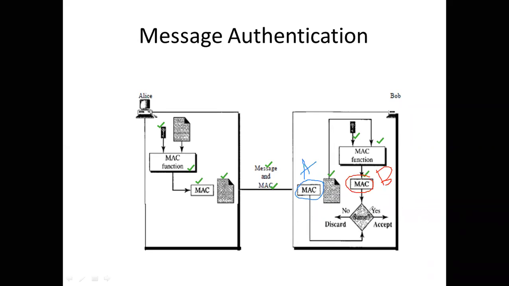If both are the same, then he will accept the data. Otherwise, he will reject the data, assuming that somebody has made some changes, or maybe that data has not come from Alice, it has come from some other user. This method we use to authenticate a message. I hope I'm clear now.